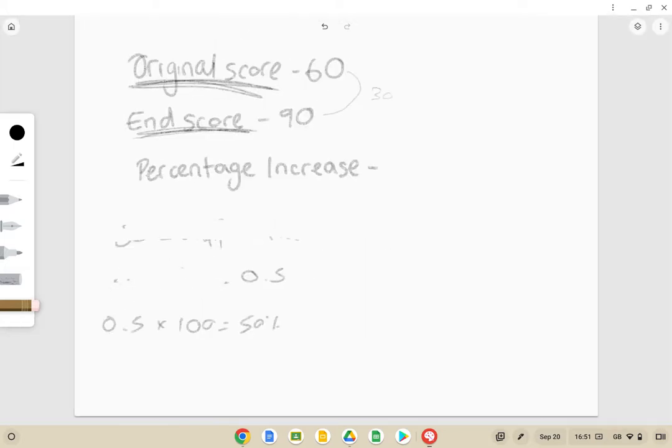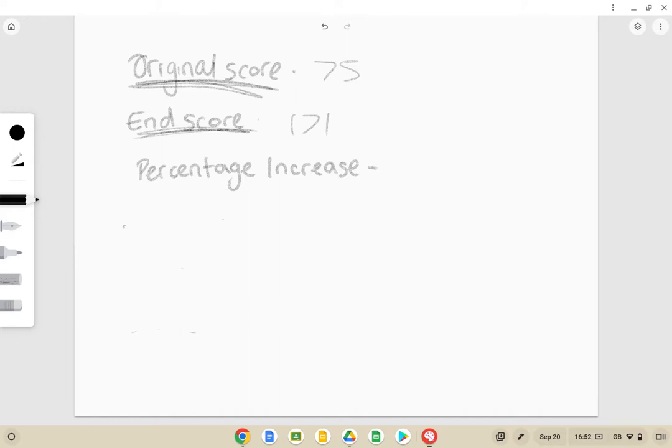If I were to do all of this again, I would want to see if you could work this out. I'm going to just throw 2 numbers up here for you. The 2 numbers I'm going to go for in this case are 75, and the end score was 171. Now, the skill you need to be able to do here is actually work out what the ballpark figure is.